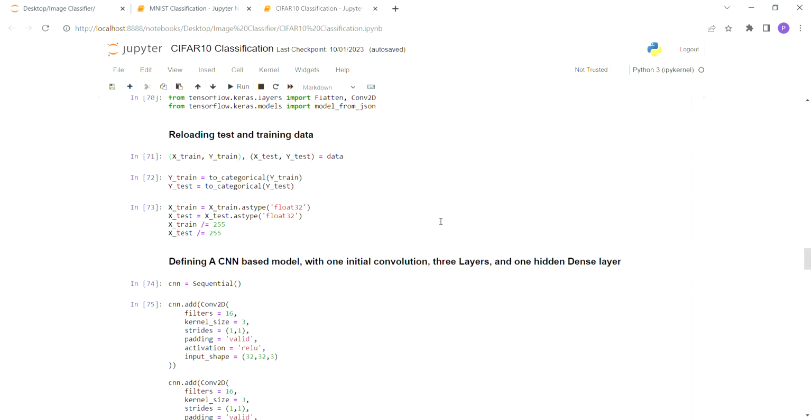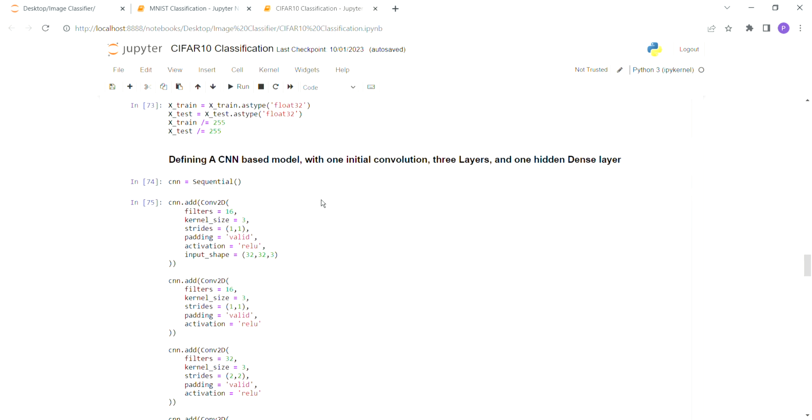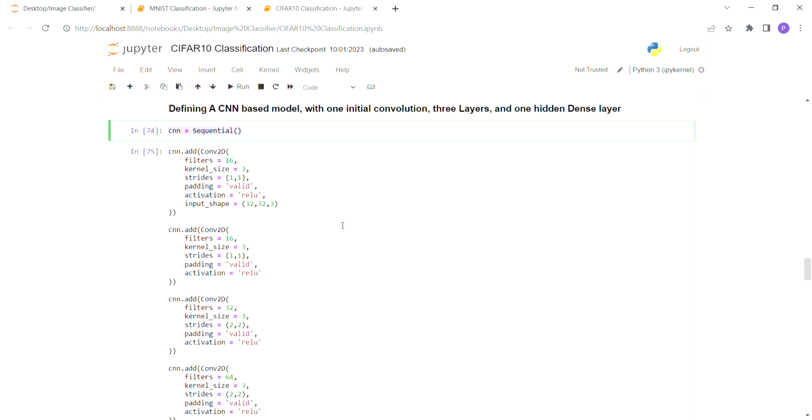So firstly we will be loading the test and train data, and here we don't need to flatten this, so directly we will normalize it, convert the classes into one hot encoded vectors, and begin a CNN sequential model. In this sequential model we will firstly add a convolutional layer of 16 filters with a kernel size of 3 and a stride of 1 cross 1.